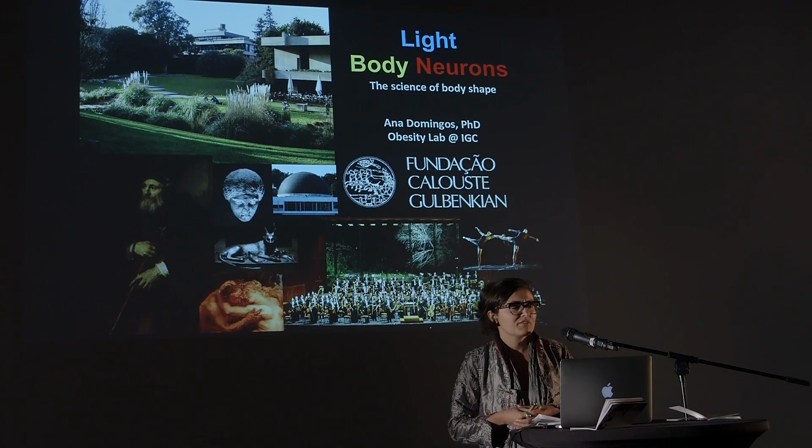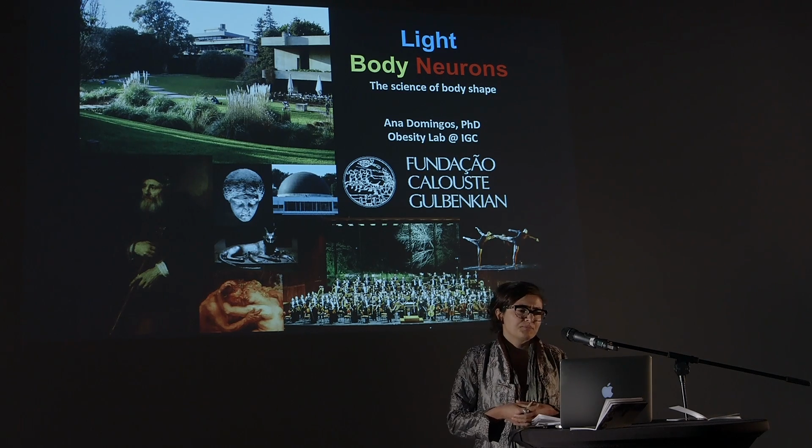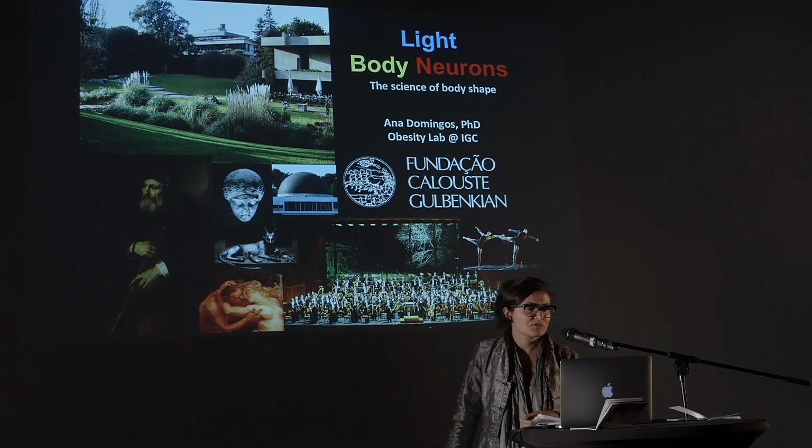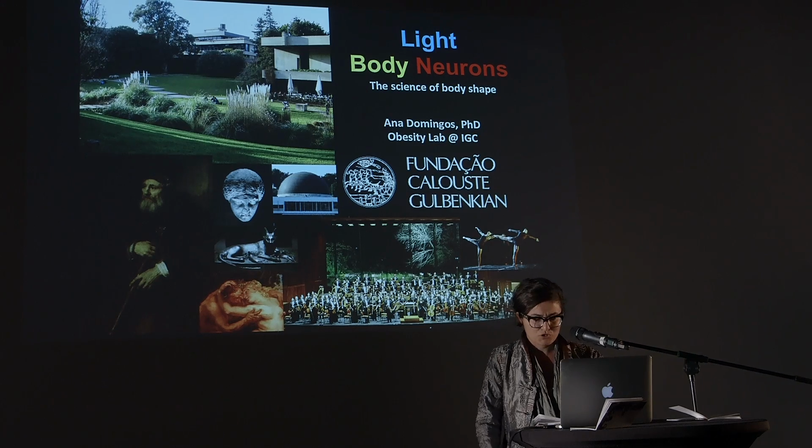In practice, we still have the ballet. So this is the Fundação Calouste Gulbenkian, and this is also another unpronounceable phonetics for non-Portuguese. So this is very difficult to say. It's typical to Portuguese language.